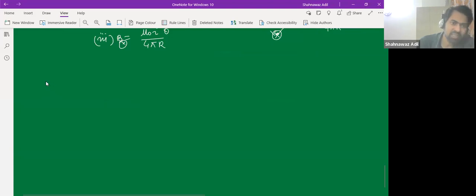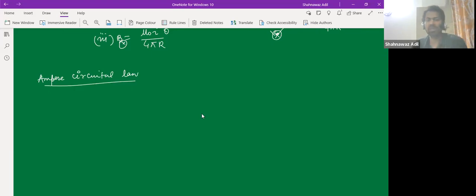Good. So now we have to remember more things and then we will do some questions. So then we have this Ampere circuital law. This is also used to calculate the magnetic field.